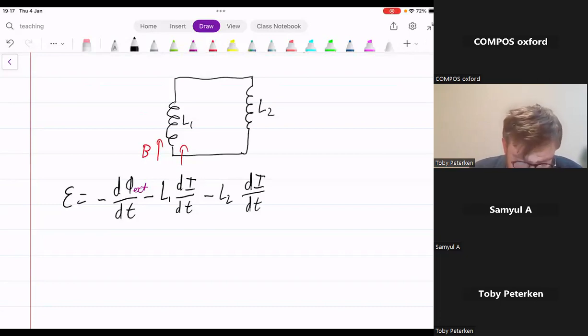The other thing I want to say, and hopefully this doesn't make it more confusing. So we've got a flux created by the external magnetic field. But the inductor is a coil of wire, which, because of the current, creates its own magnetic field, which creates its own flux. So the reason I've done this is I've separated the two. The flux from the external magnetic field and the flux created by the circuit itself can be treated separately.